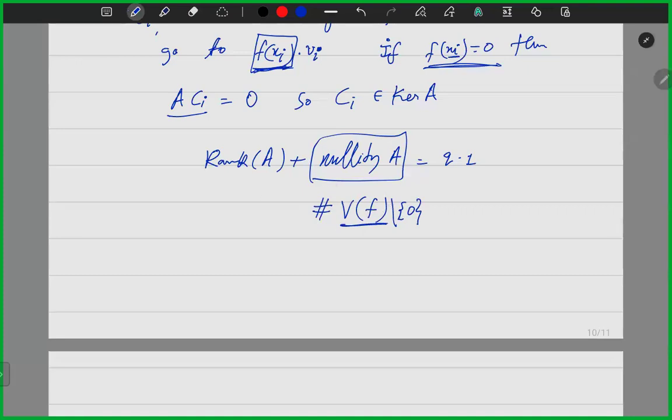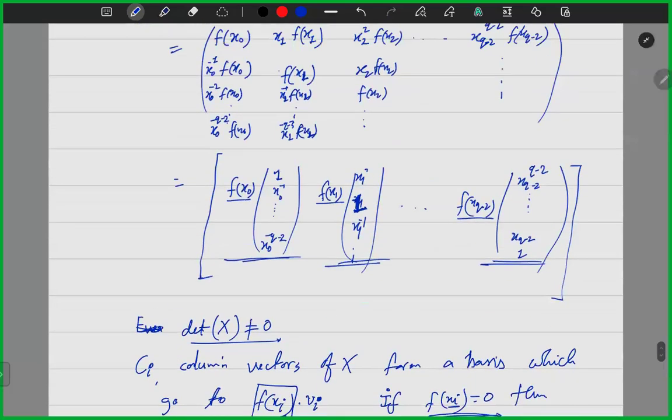This corresponds to this, and rank will go to the other side: Q minus 1 minus rank. Okay, this is also done.